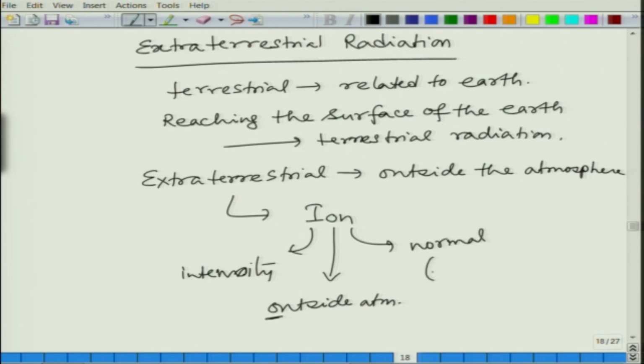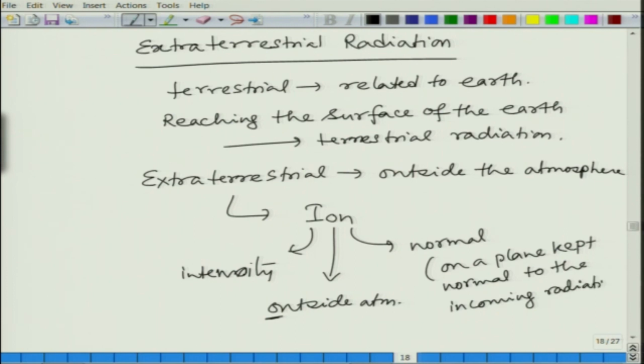That means the measurement is done on a plane kept normal to the incoming radiation. Clear? So, we will talk about these different designations of intensities later as well. So, this is the first time we are introducing it. So, ION stands for the extraterrestrial radiation on the plane which is normal to the radiation itself.